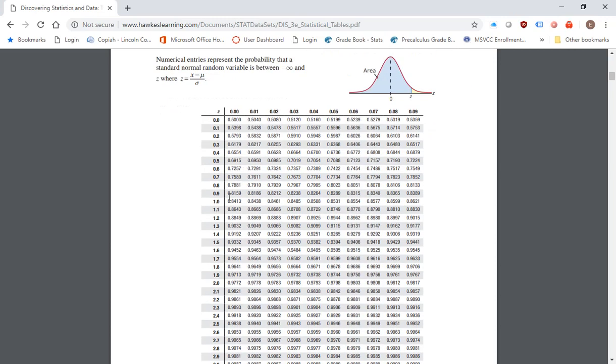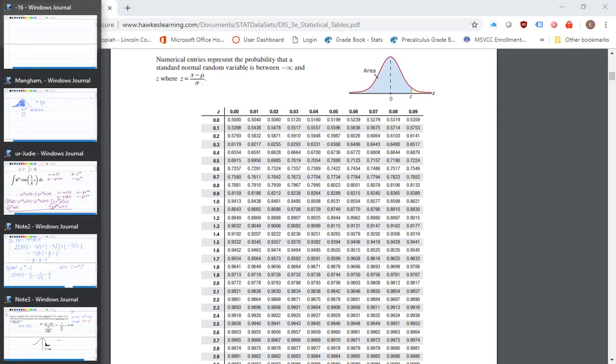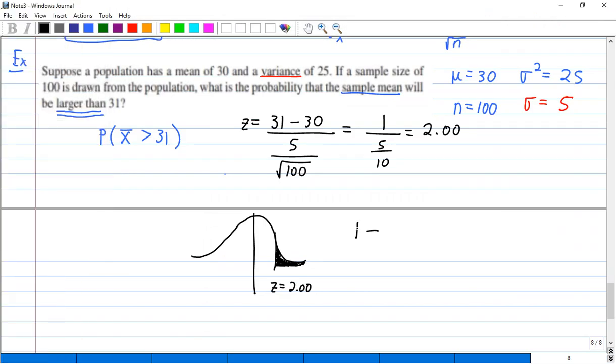So if I go to 2.0, and then this column is the hundredth place, 0, I have 0.9772. All right, so I'm going to say 1 minus 0.9772. All right, and that's going to be my probability.